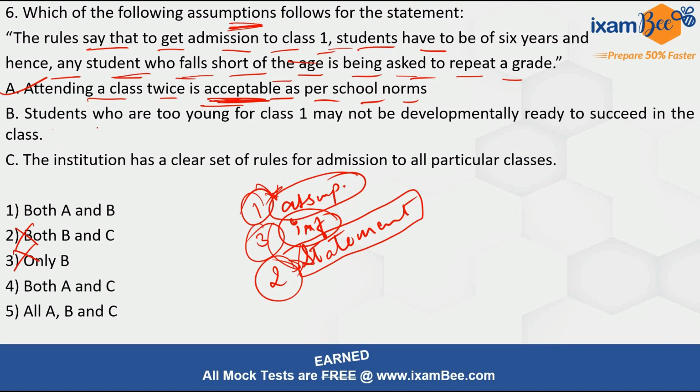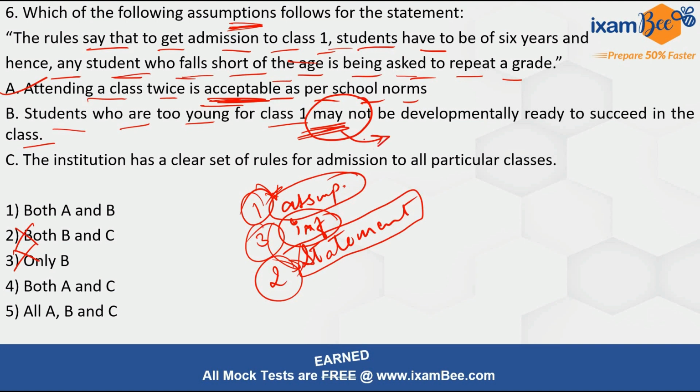Now B says students who are too young for class 1 may not be developmentally ready to succeed in the class. Now see, words like 'may' are of very high importance in these kinds of questions. 'May' actually leaves a cloud or an ambiguity, or maybe it leaves some area where you can take your own decisions, right?